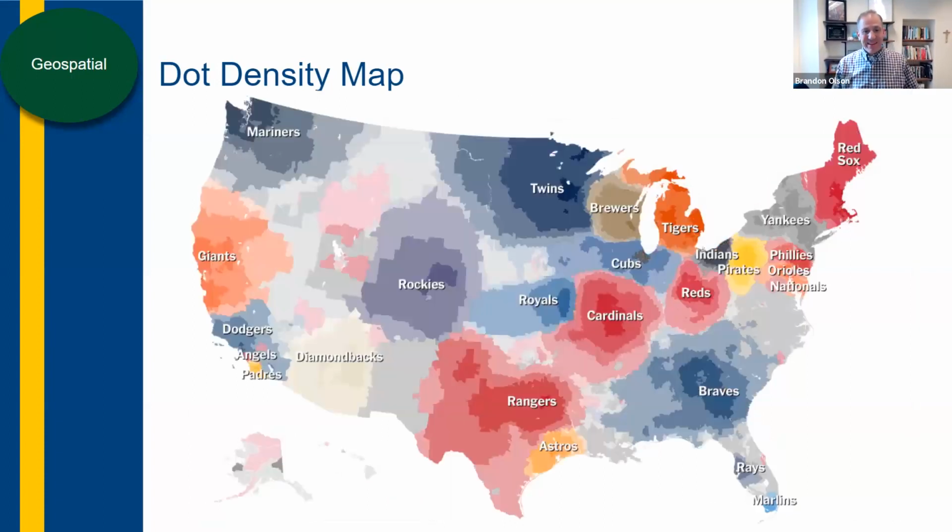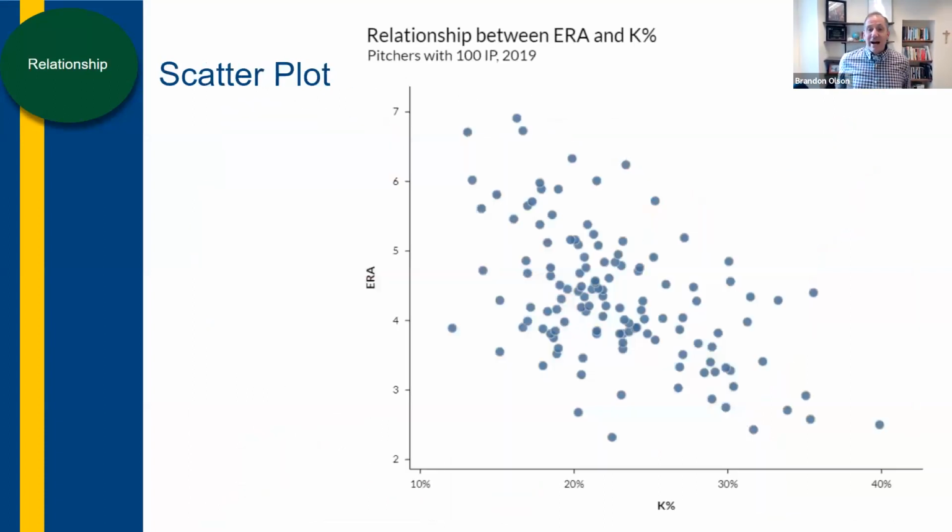All right, good. On to scatter plots, another popular form, used to show relationships between two variables. So we have our dependent variable and our independent variable. In this table, we're looking at the relationship between strikeouts and a pitcher's ERA, to see if the ERA is related to the percent of strikeouts that the pitcher throws.